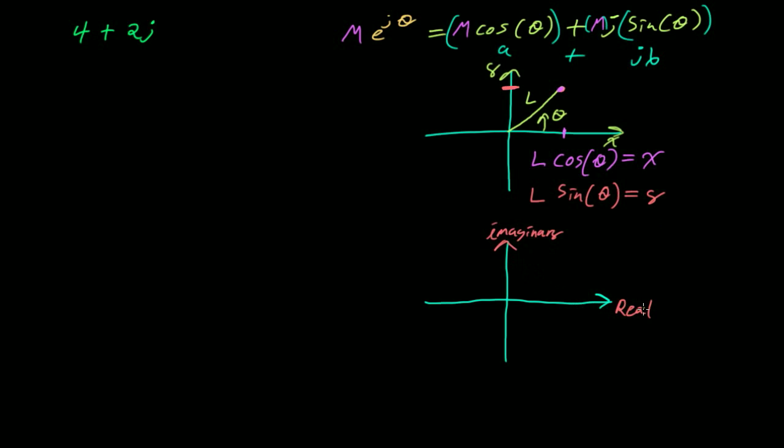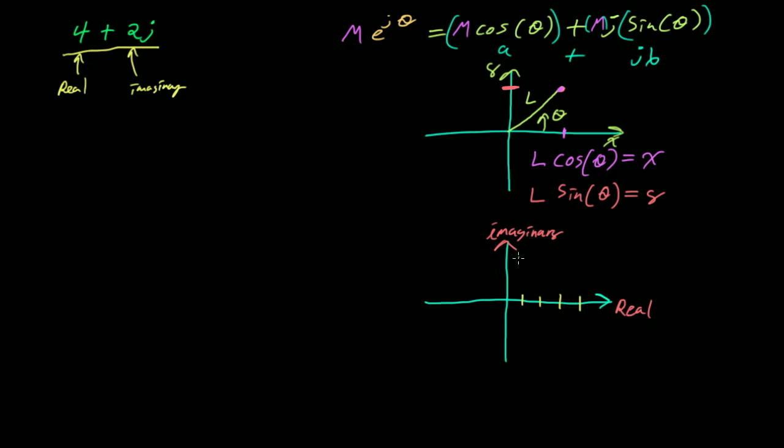But if I have a real axis and imaginary axis, let's not do this arbitrary case, let's actually do the exact case that we had right here. Let's say I had 4 real units, because that 4 is my real part, and that 2 is my imaginary part right here. So I'll just count over 1, 2, 3, 4. So this is my real component of this complex number.